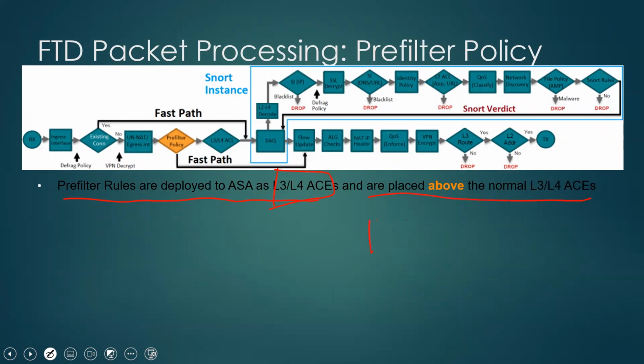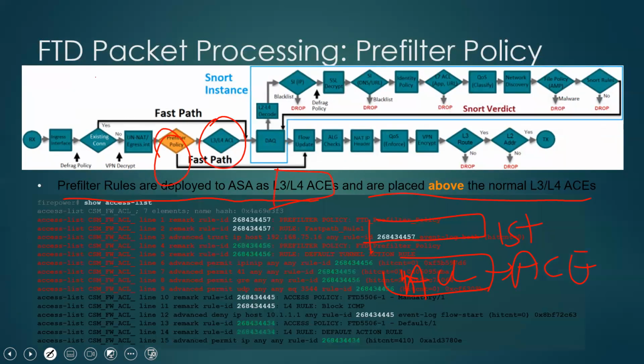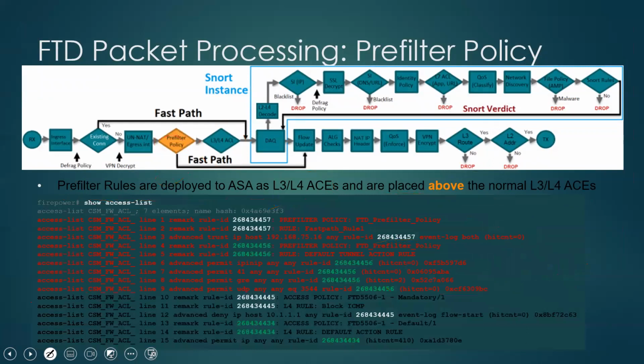So these policies come first, and then the access control lists, ACLs, or ACE entries, come into the picture. So they have higher priority than the L3, L4 ACL. And that's why they are read first within the ASA firewall.